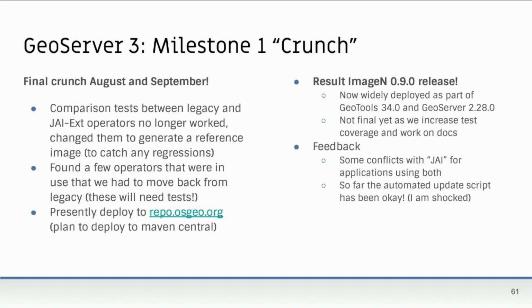So we introduced a bunch of reference images. Here's what this one produced. Does the other one match? We also found a few operators that were in use that we didn't know about. We were able to make a version 0.9.0 release and release it to the public as part of GeoTools 34.0.